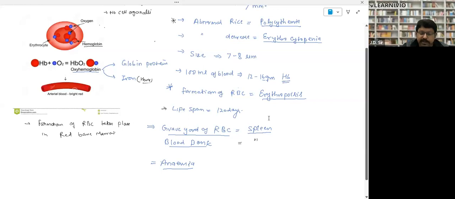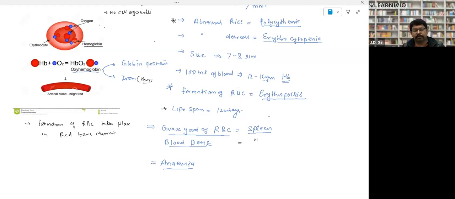Look, these are the concepts which you need to elaborate. So why is the spleen called the graveyard of RBC? Tell me. Because that's where the dead red blood cells are taken and dispersed. Okay, very good. The spleen is called the graveyard of RBC, and it is also known as the blood bank. Why? After 120 days, RBC die, right?